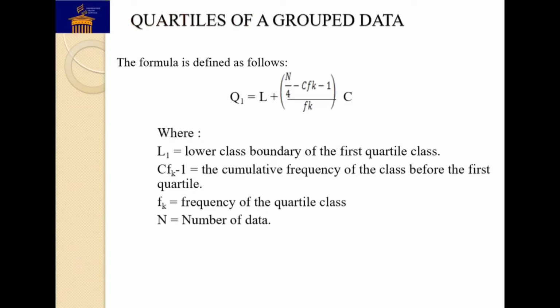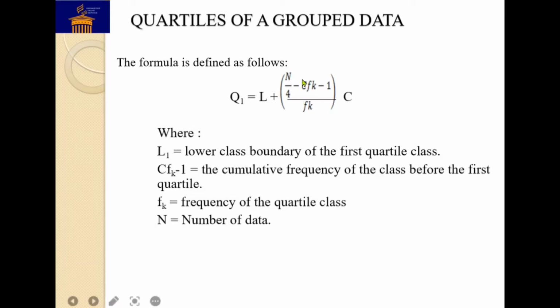Remember that this formula is related to the same formula we use for grouped data for your median. The only difference is that instead of N over 4 as in the case of quartile, we have N over 2 in median, because median divides a set into 2 equal parts.